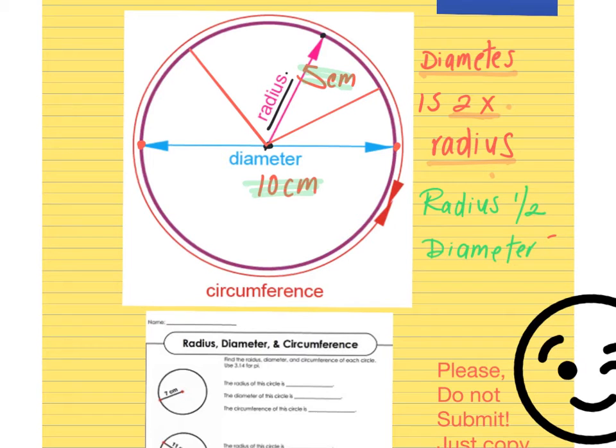So you see, the diameter is the double of the radius, and the radius is the half of the diameter.